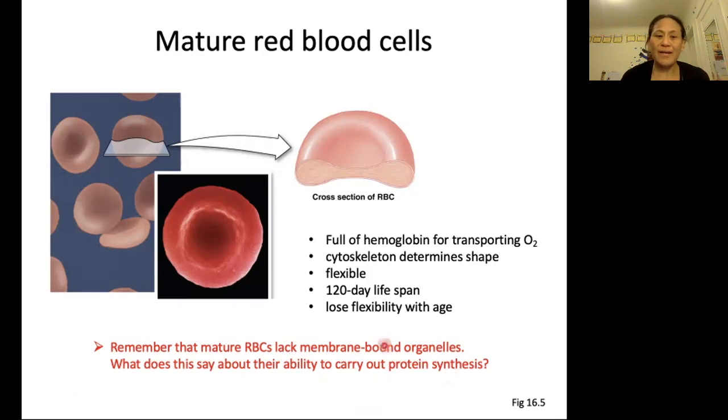That is why red blood cells have a limited lifespan, and why they lose that flexibility with age, because they don't have the ability to replace those proteins that are getting old.